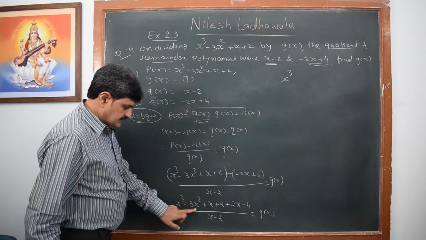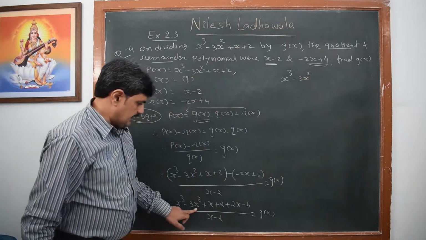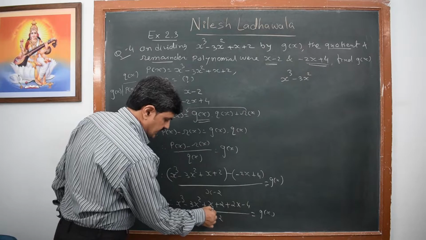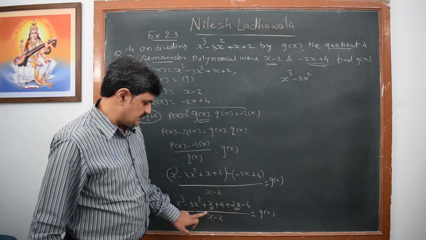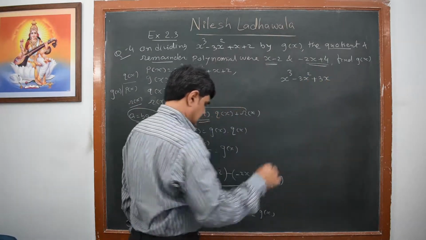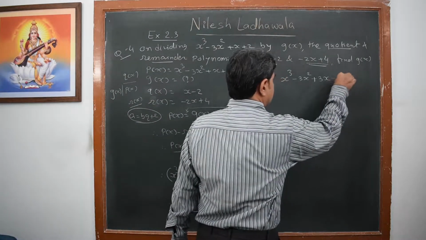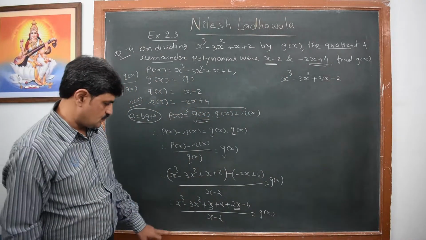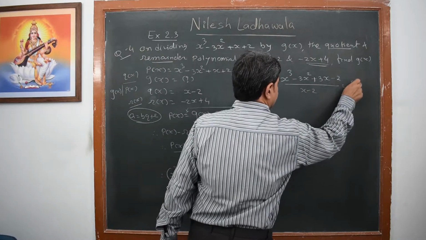I have only one term with x square, so I will write minus 3x square as it is. Now we have two terms having power 1, that is x and 2x. These two are like terms. Their simplification will be 3x. Later on, 2 minus 4, they are also like terms, and their simplification will be minus 2, upon x minus 2, and that is equal to g of x.